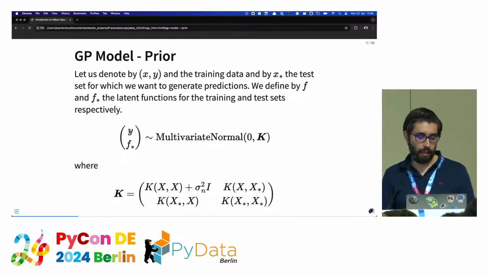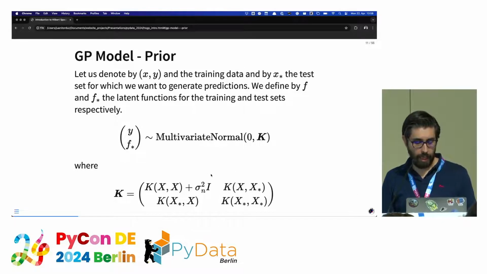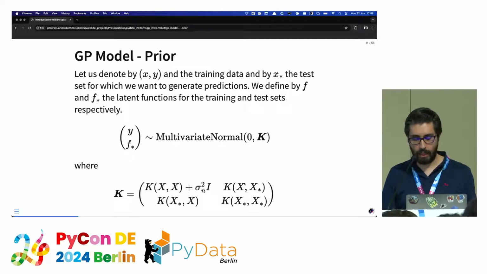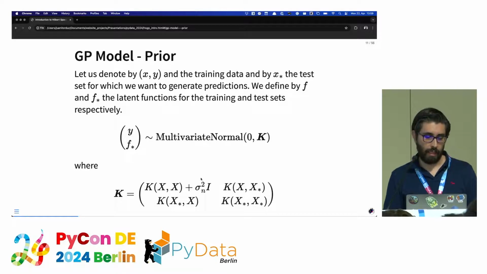So I'm assuming that the observations and this latent fit on the test set come from a multi-normal distribution. This matrix, bold K, is split into components: it's evaluating the kernel matrix on the training set, here the training and the test, here the other way around, and here the test set. And this little sigma here is just to account for noise. And that's your parameterization.